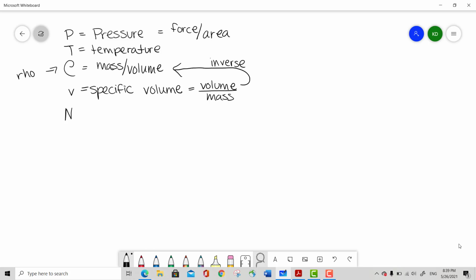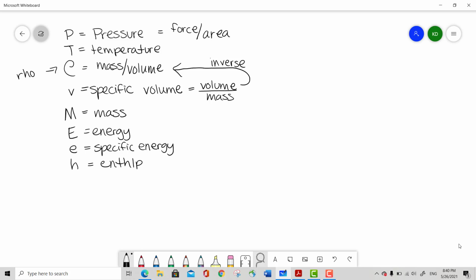Okay, and then of course uppercase M is mass, and then uppercase E is energy, and then lowercase e is specific energy. H, enthalpy. And what's some more?